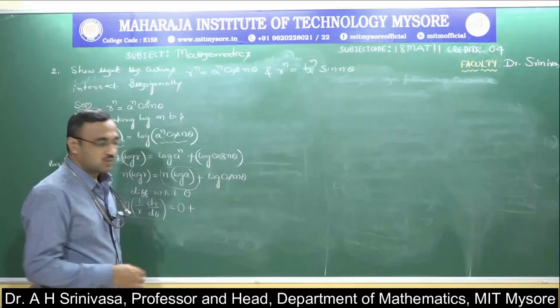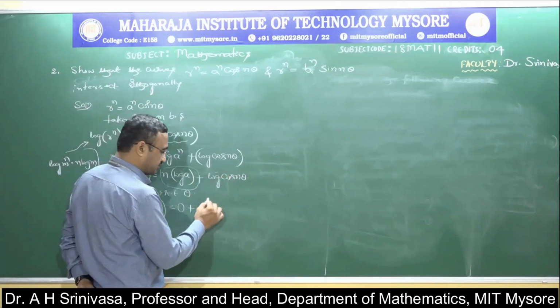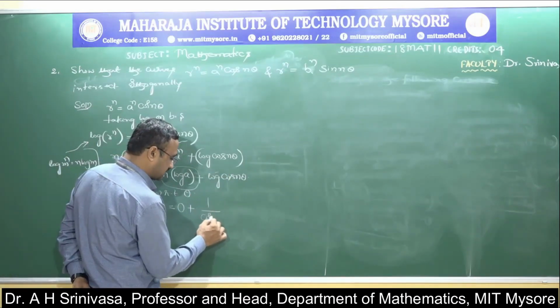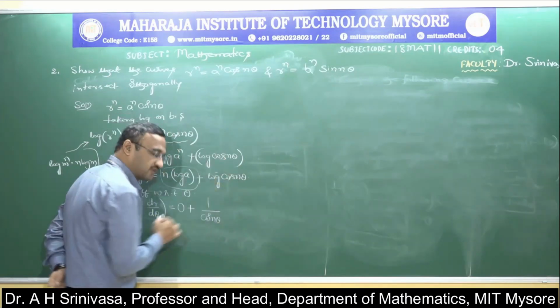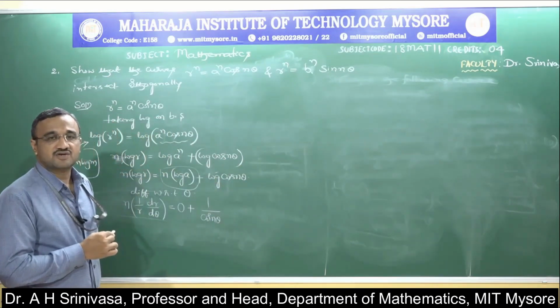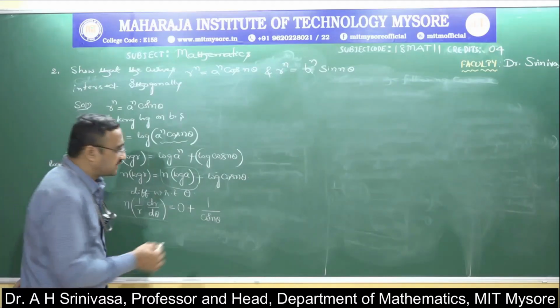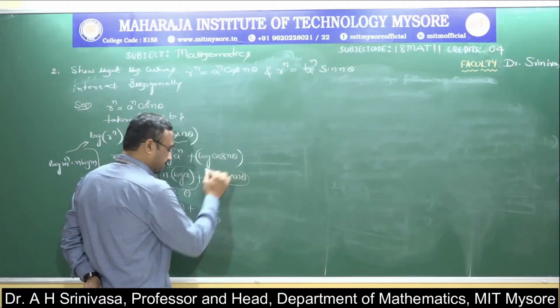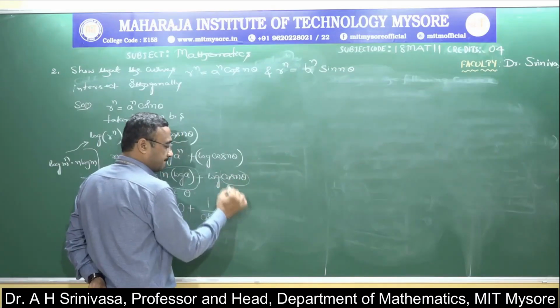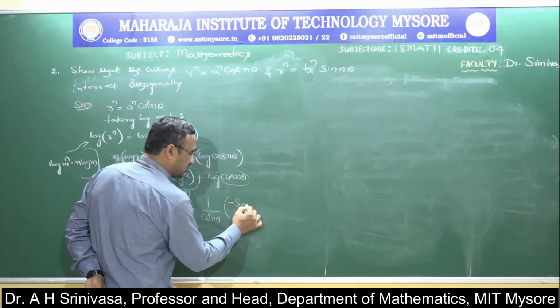Plus, what about the differentiation of this one? Log is as usual 1 by cos n theta. First I differentiate the function: the differentiation of log of a function is 1 by that function. Then I have to differentiate the angle. The differentiation of cos is minus sin n theta.